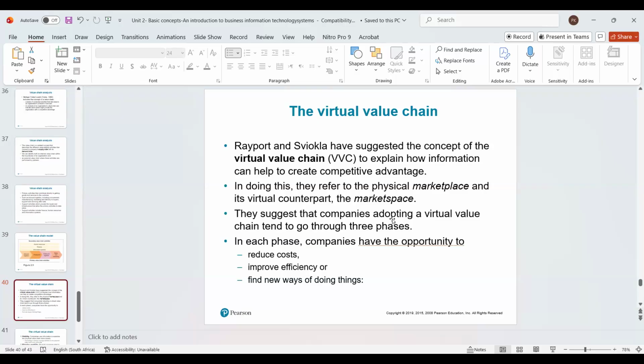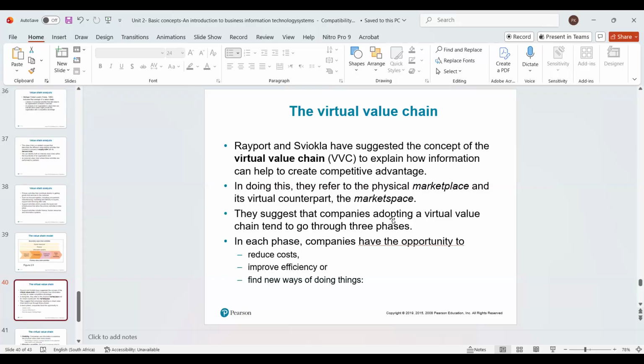So now when we move from the normal physical activities, by having information and managing the information using technology, it will give you an advantage or competitive advantage over your competitors. And that is basically true. So now we want to move from the physical market space or marketplace to what?